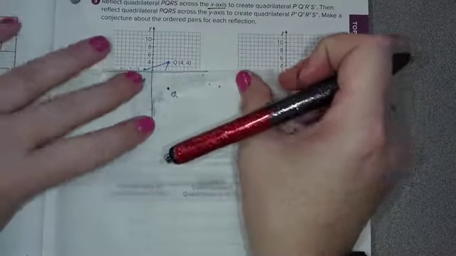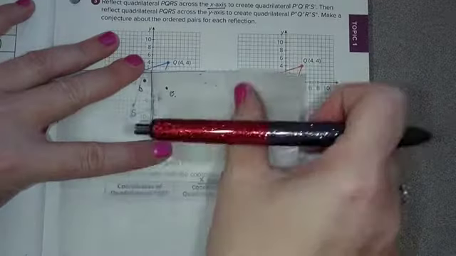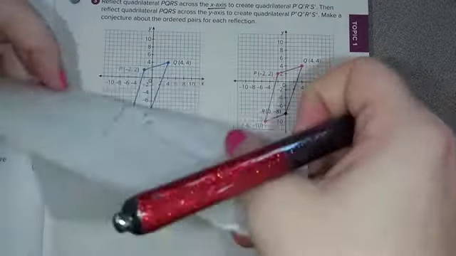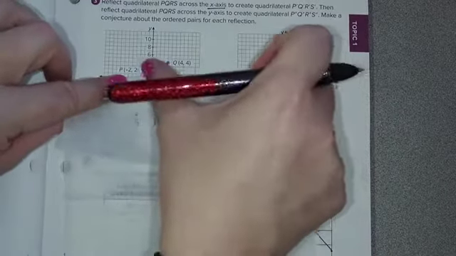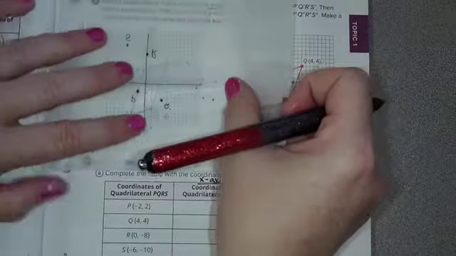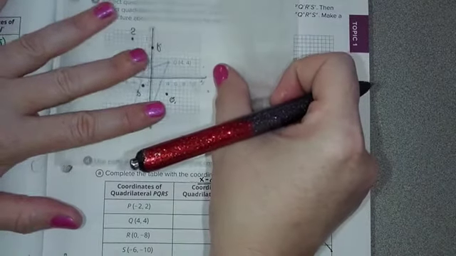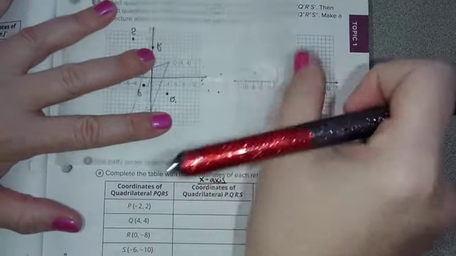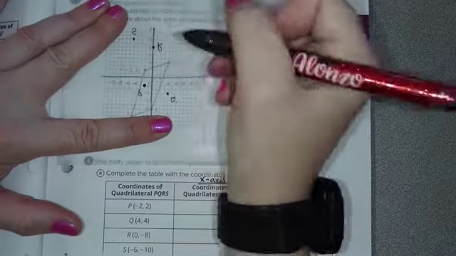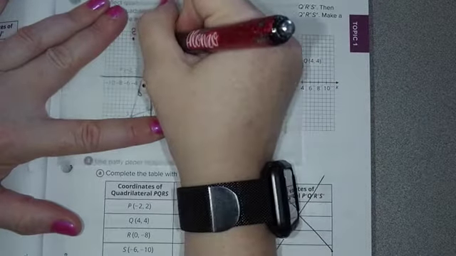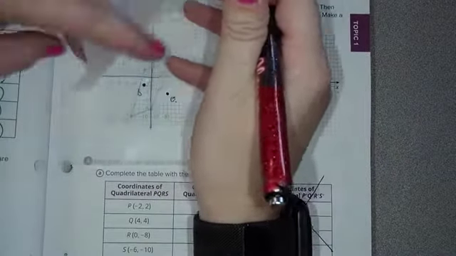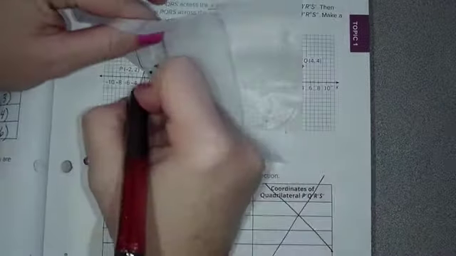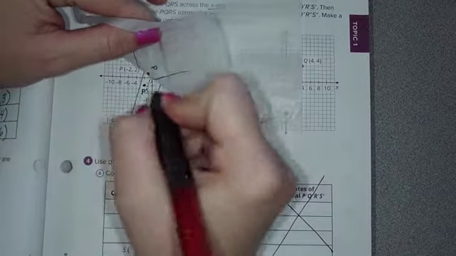If I go like that, it still looks like the R is in the same spot. So what you're going to see me do is fold it there just so that I realize that's the line I'm folding or flipping over, and then I'm going to open it up and lay it on top. Okay, so we're going to mark P, Q, R, S. So there's P prime.